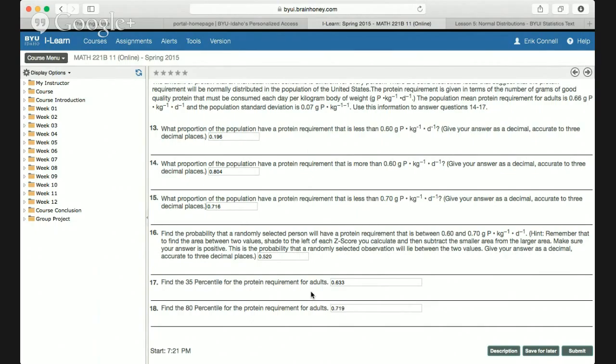Okay, so that's just rearranging the equation, because we have the z-score now, so we can plug that in on the other side, and X is the only thing we don't know, which is what we're solving for. So we have to rearrange our equation to solve for X. You multiply it by 0.07, and then you add 0.66. Throw it in the calculator and it spits that out.